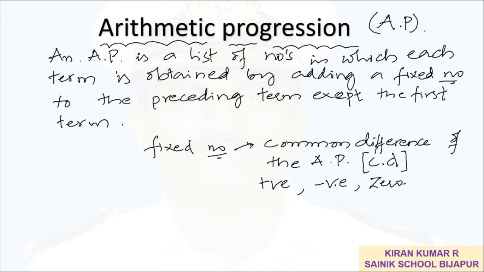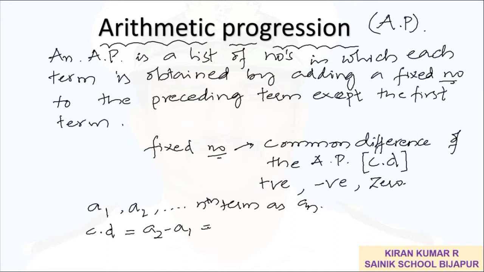Let me denote the first term of an AP by A1, second term by A2, and nth term as An. Then the common difference, I will denote it by d, is A2 minus A1, which will be the same as A3 minus A2, which will also be the same as An minus An minus 1.